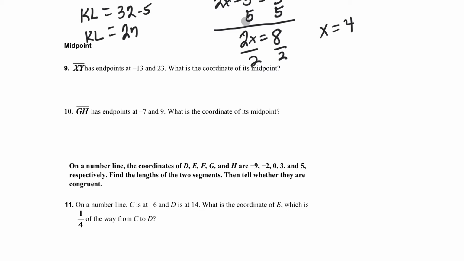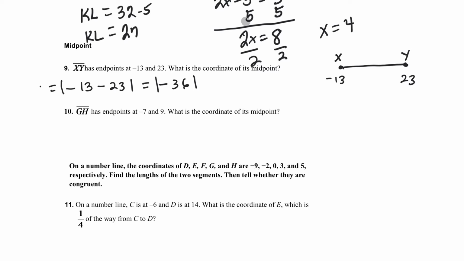Number 9, the way you were taught, we have the endpoint, which is negative 13. We have the other endpoint, which is 23, and by the way, this is x and this is y. So you're going to find the distance, negative 13 minus 23. And so you're going to get negative 36, the distance.